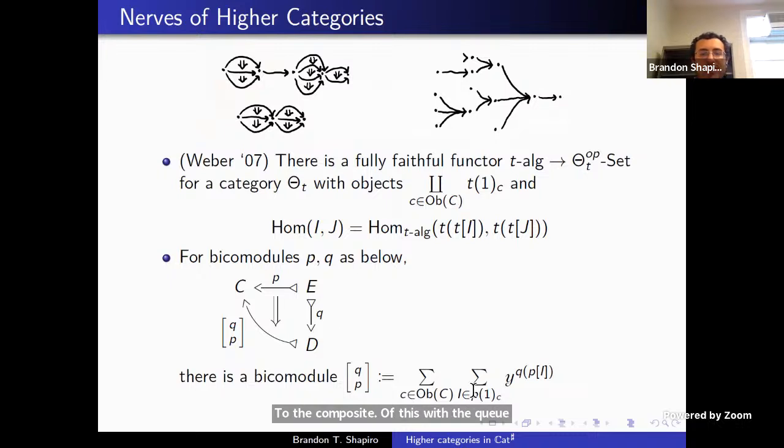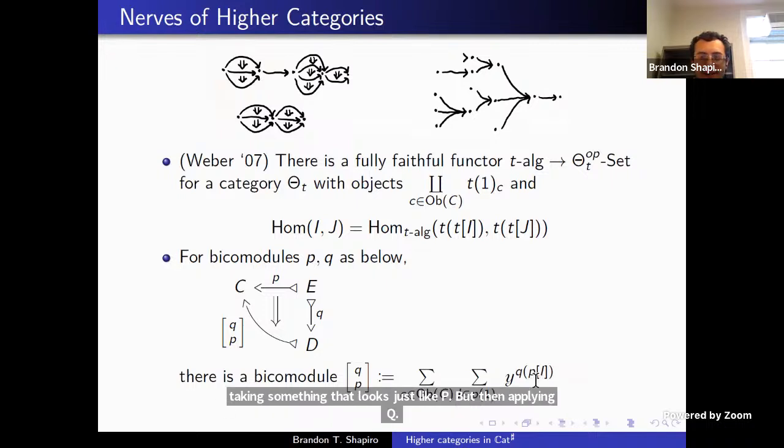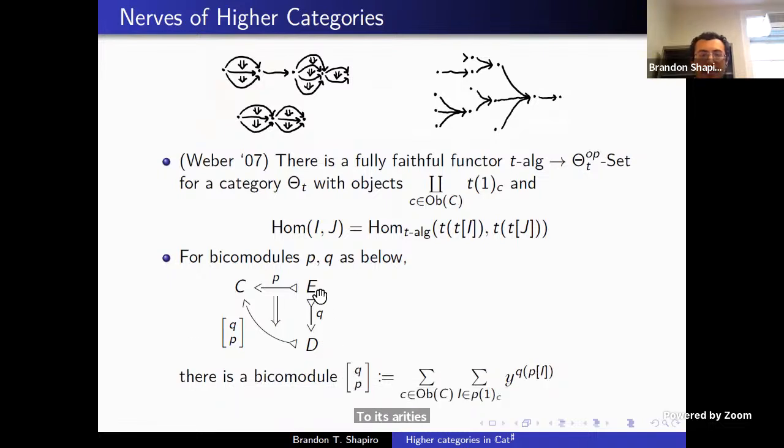So we have this particular definition of Q over P as taking something that looks just like P, but then applying Q to its arities. And that gives you, if the arities of P were E sets, applying Q to them gives you D sets, exactly what we expect.